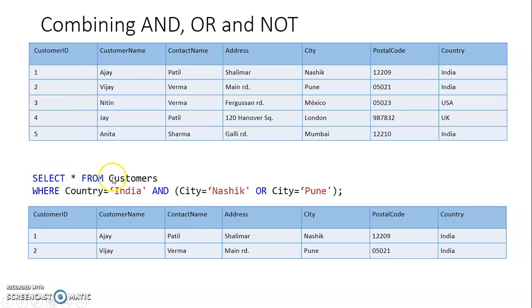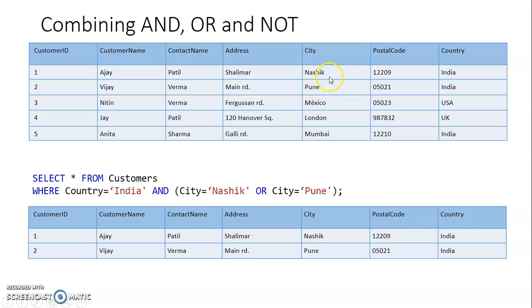We are selecting all the columns from the customer where country equal to India. Our first condition, country equal to India, means the first row, second row and last row. We are using the AND operator, so both the conditions should be satisfied. But in our second condition, we are using the OR operator, so city equal to Nasik or city equal to Pune.